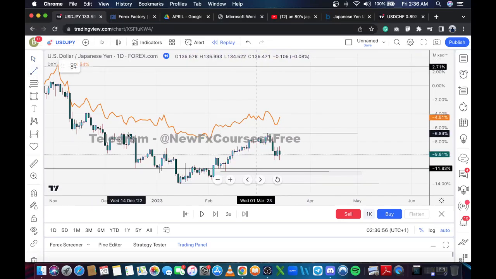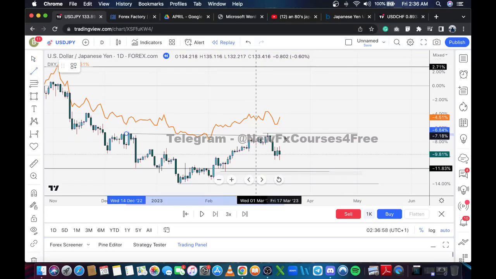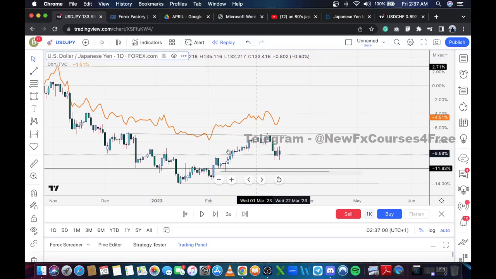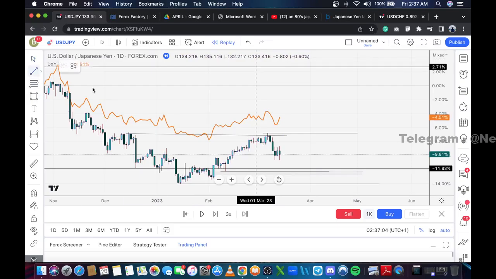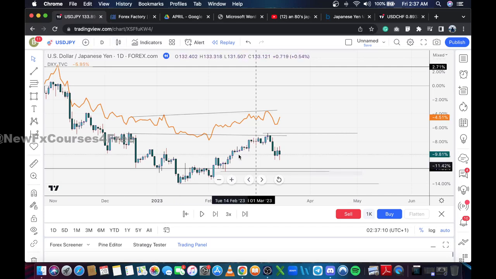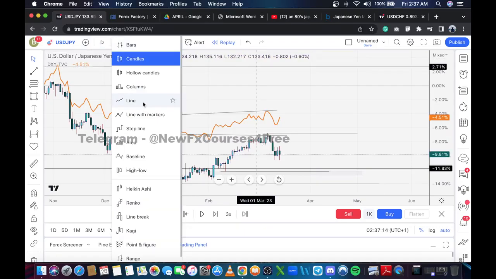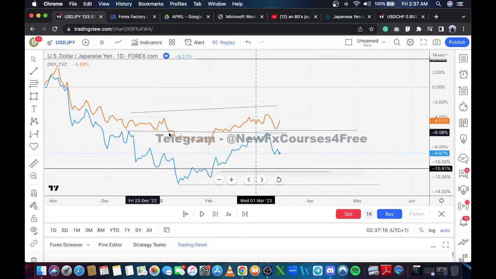If you look at price on a closing basis, dollar yen runs lower, while dollar itself runs higher. So if you don't understand what I mean by closing basis, just simply go to your line chart. You can see what I mean there.